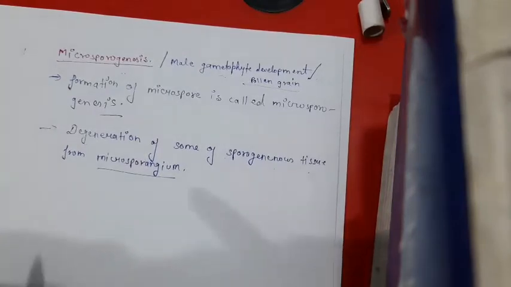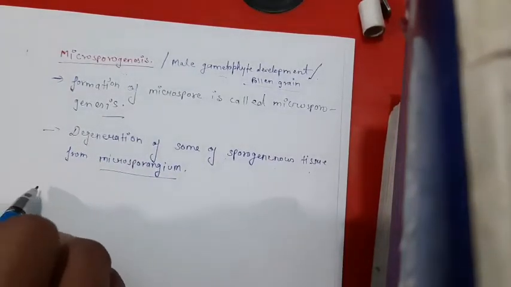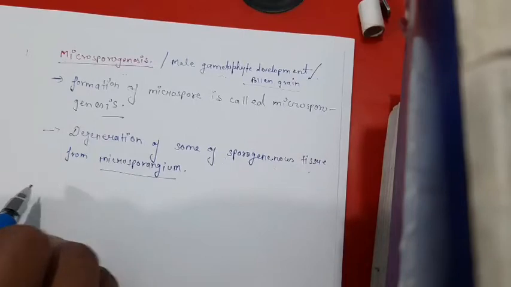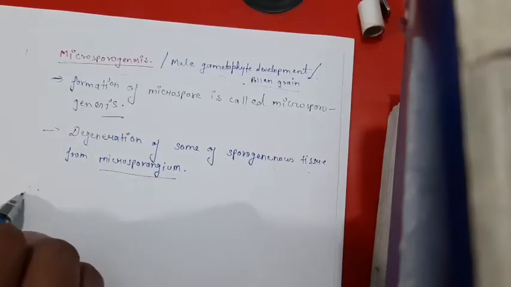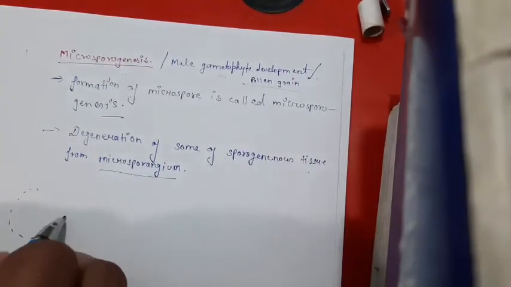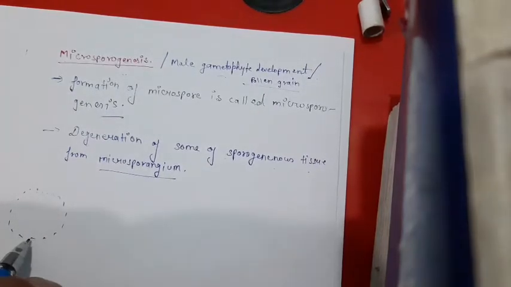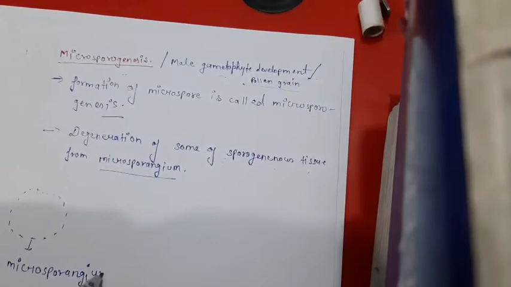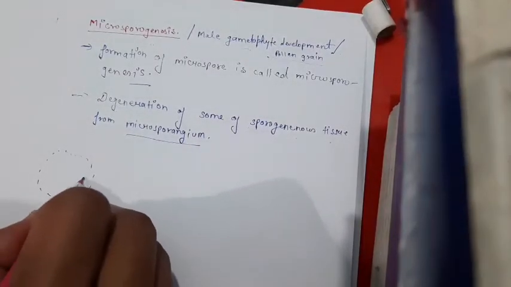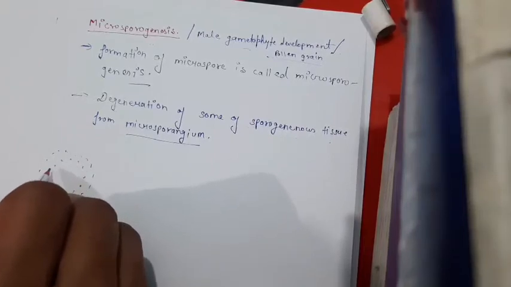So we will discuss how it occurs. Firstly, this is the microsporangium, and inside it there is lots of sporogenous tissue.